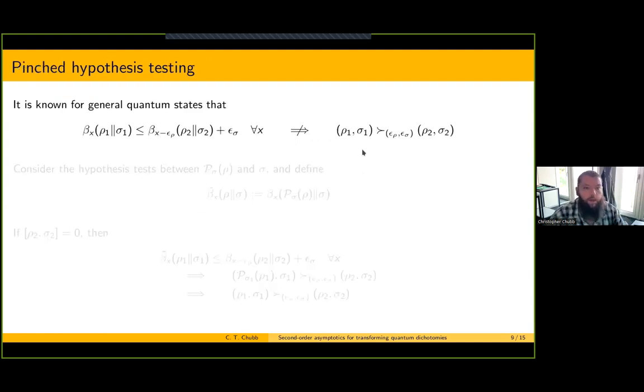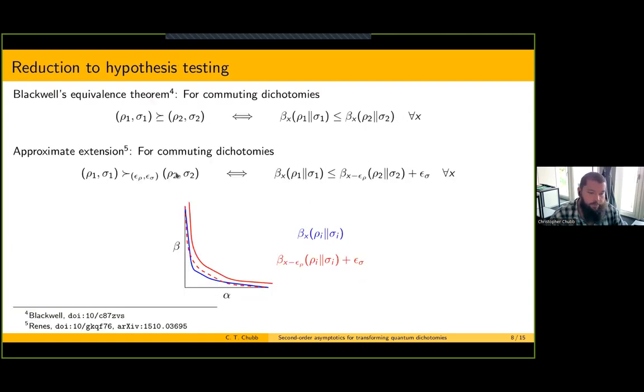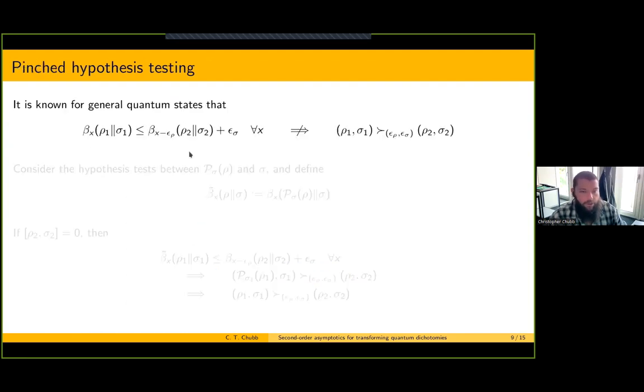Now, everything I said here is for commuting dichotomies. So how do we do non-commuting? That's one of the main features that I mentioned, that we can deal with non-commuting inputs. As I state here, it's known that not only does the proof break, but in fact the beta ordering in this way does not actually imply this Blackwell ordering.